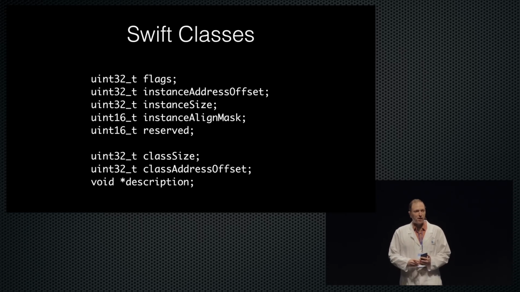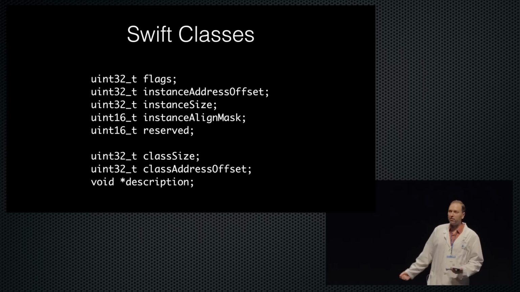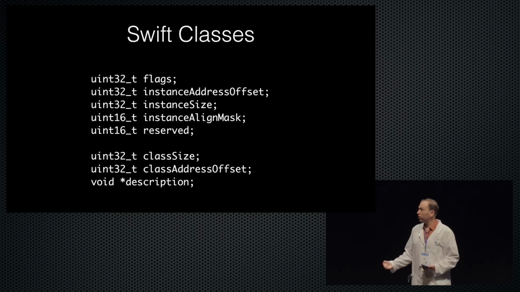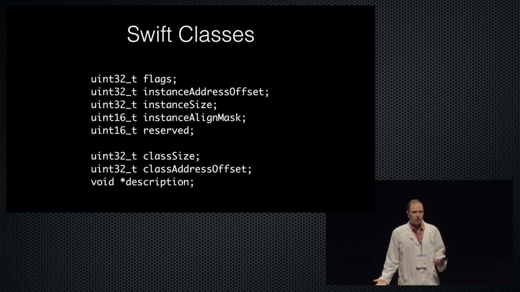And then Swift classes take all of that and they add more stuff because Swift has more stuff going on. So if you look in the Swift open source to see what's involved there, we've got some flags, we've got these offsets, a lot of bizarre stuff. But essentially, a Swift class is the Objective-C class with more stuff on the end.